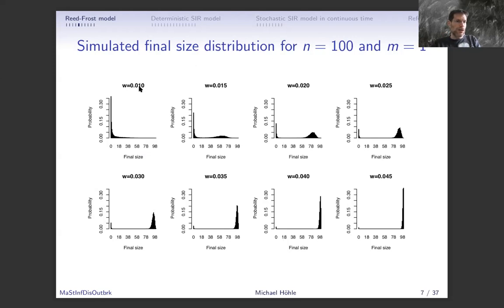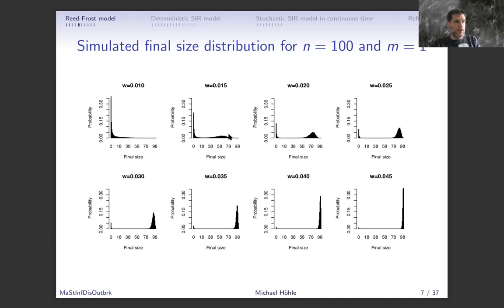So here is our W. If it's 0.01, we see that the epidemic almost always dies out immediately, or it will only be a minor outbreak. If we start to increase the W, we see that we have now a certain proportion here, and there's theory for that, this is actually going to be some kind of normal distribution limit to this quantity.